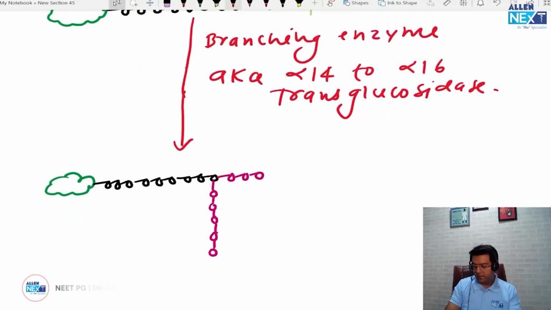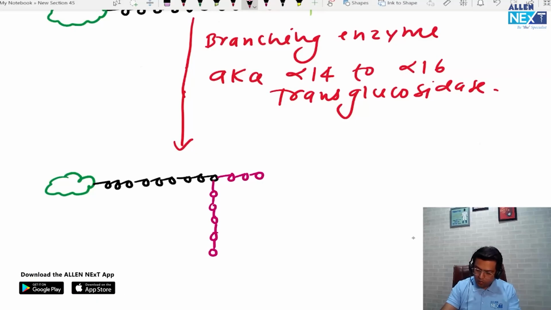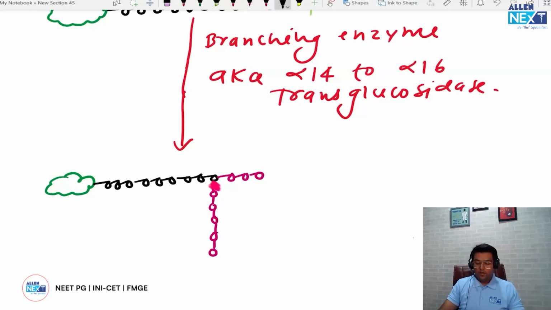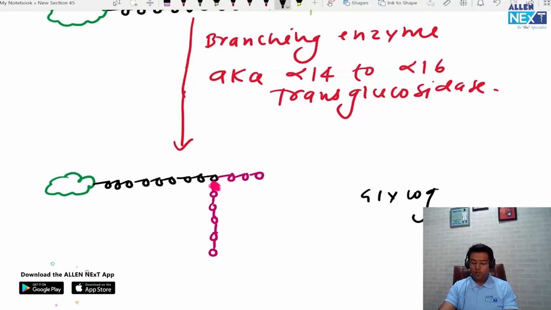So guys, this is the bond, as we all know, which is called the alpha 1,6 bond. So we made the alpha 1,6 bond; transfer from alpha 1,4 to alpha 1,6 has been done. Okay, so that's how the alpha 1,6 bond is made, and guys, glycogen is ready for its job.